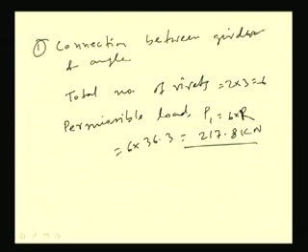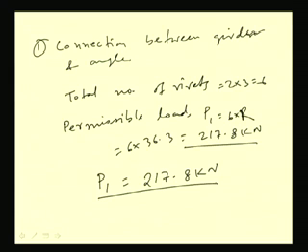So, this is the permissible value of the load which can be carried by the connection between girder and the angle. So, the permissible load P1 becomes 217.8 kilonewton, right.